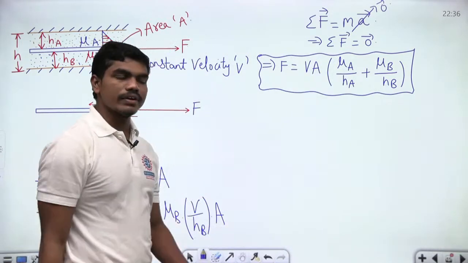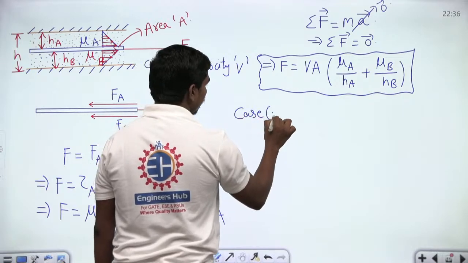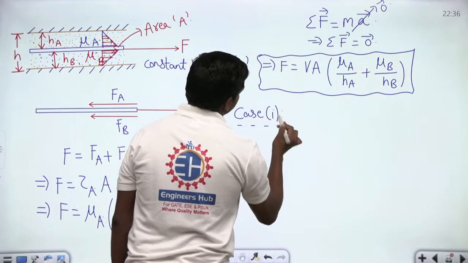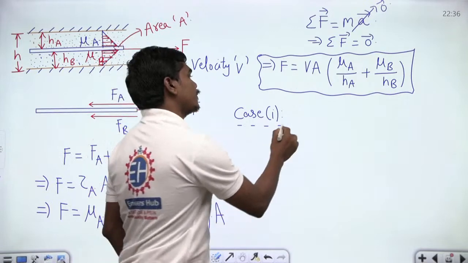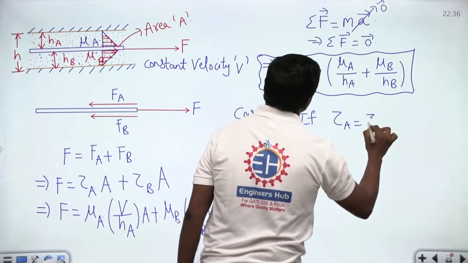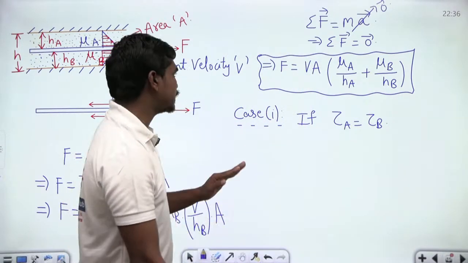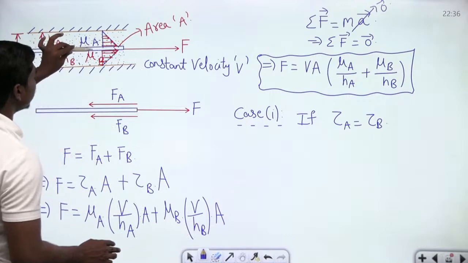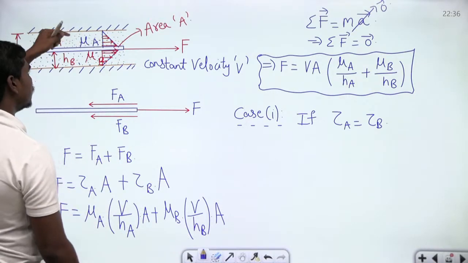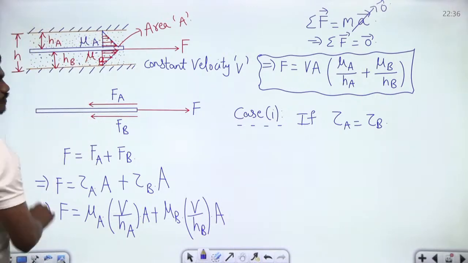Okay. Now, one very important thing. Let us discuss some cases in this. So, case 1. If tau A is equal to tau B, means the shear stress acting on both the faces of the plate should be equal. For this to happen, if this plate is moving, then definitely because of the top fluid and the bottom fluid, these two fluids will try to drag this plate.